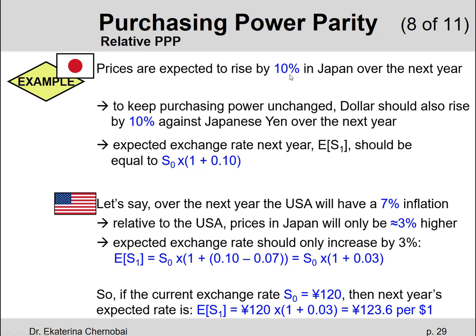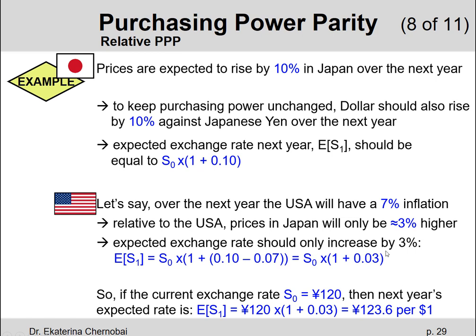Then, with the 10% expected inflation in Japan and the 7% expected inflation in the USA, which implies 3% higher prices in Japan than in the United States, the next year's expected spot exchange rate should equal 120 Japanese yen, which is today's spot exchange rate, multiplied by 1 plus the 3% difference between the foreign and the domestic inflation rates, which gives 123.6 Japanese yen per $1.